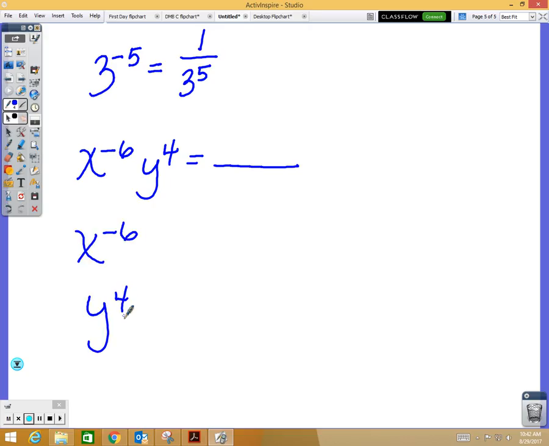How would you write that so it has a positive 6? Okay. And this would just be, it's already positive, right? So it stays the same. So again, you're thinking of this as separate things. X to the negative 6 is going to move to the bottom and become x to the positive 6. And y to the 4th stays the same, so it stays on top.